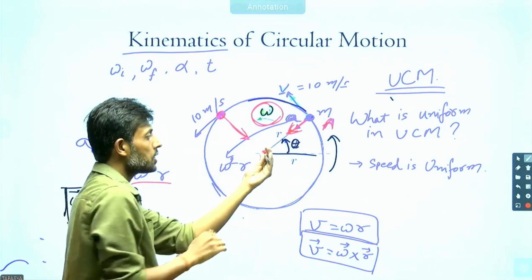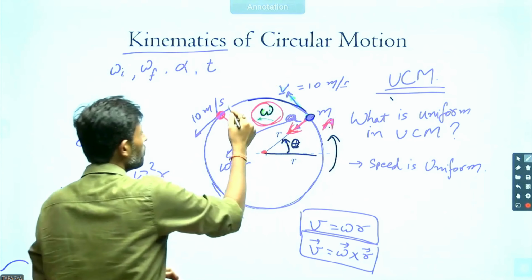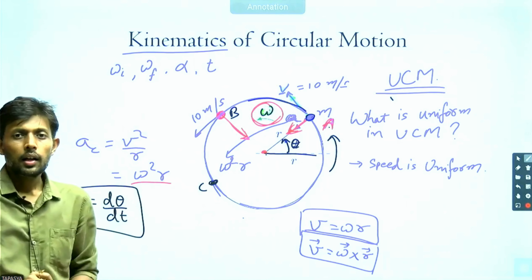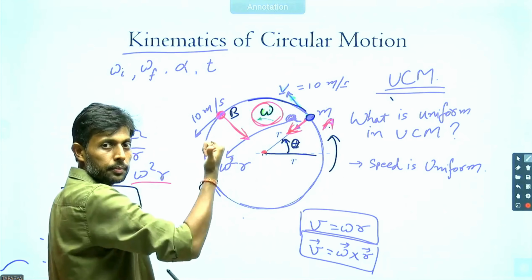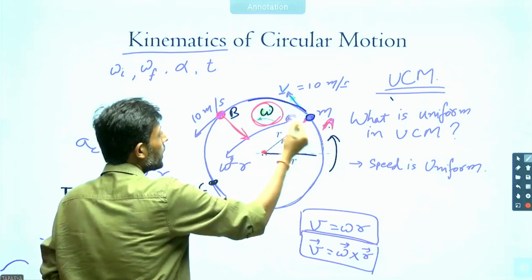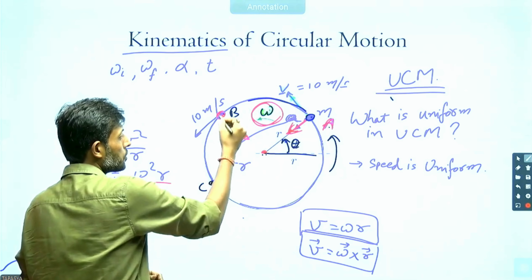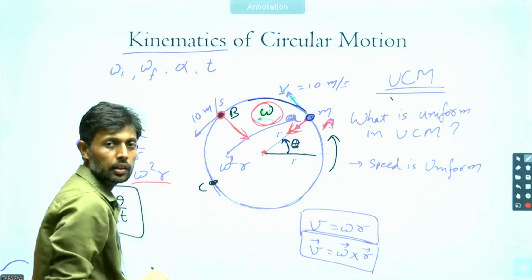So if you look at this circle and the object is moving from A to B to C, then omega would be pointing out of the plane. If the object is moving from A to B, omega is pointing out of the plane. What if the object is moving from B to C? Again, same, out of the plane.